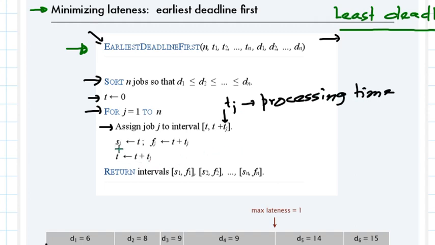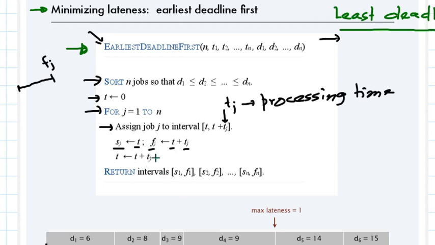So t will be initialized to sj, and then fj, that means the finish time, will be t plus tj. If this job is starting somewhere, then after processing time tj, that job will be finished. So that will be the fj.